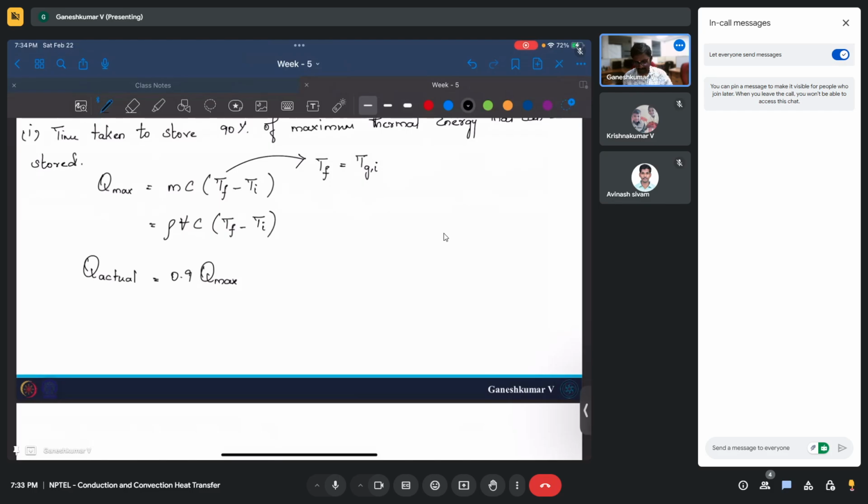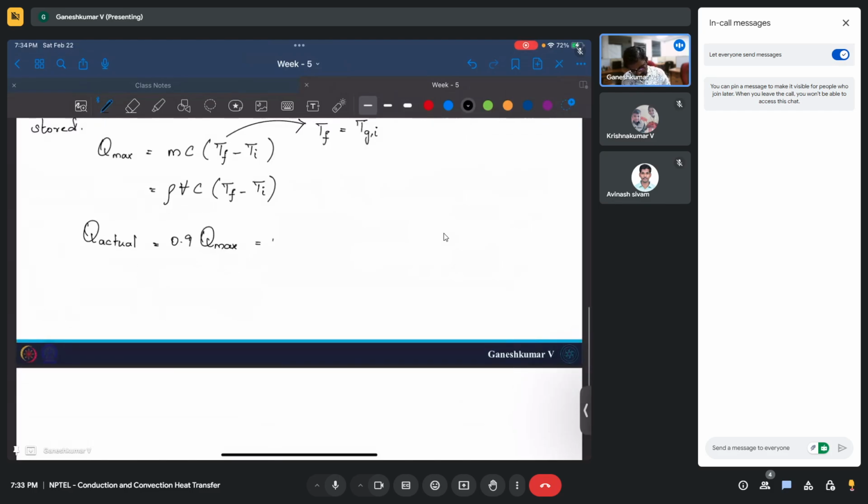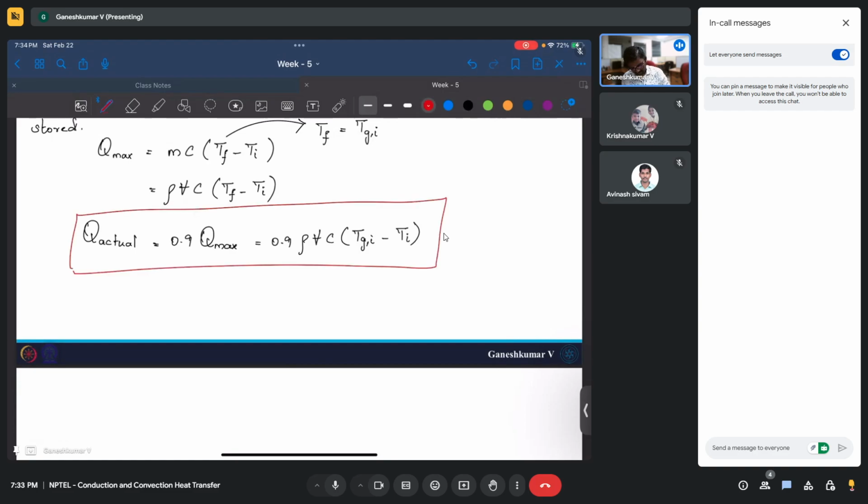That is our first problem. So the Q actual would be 0.9 times rho times V times c times (Tf minus Ti), where Tf I can write directly as Tgi minus Ti. This is something we will come back to later.